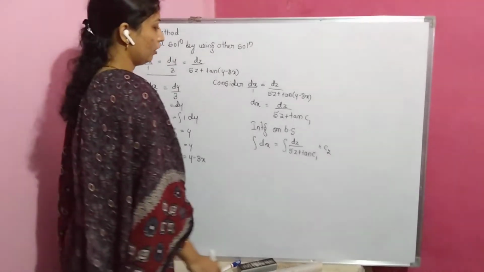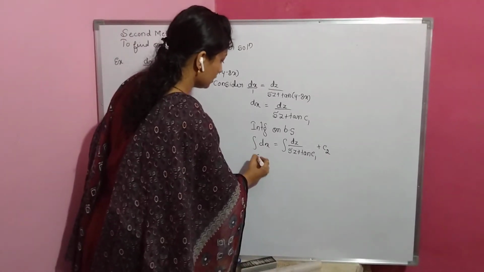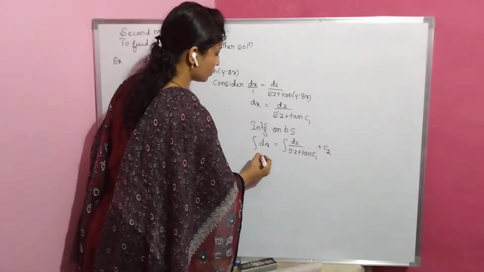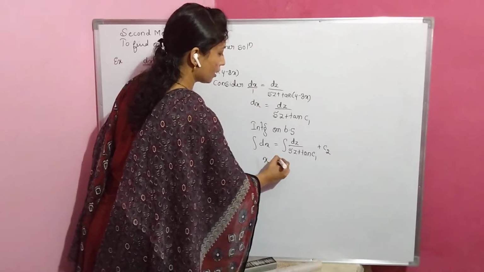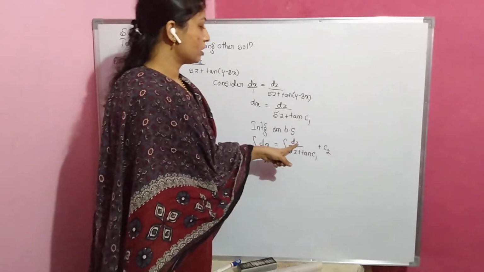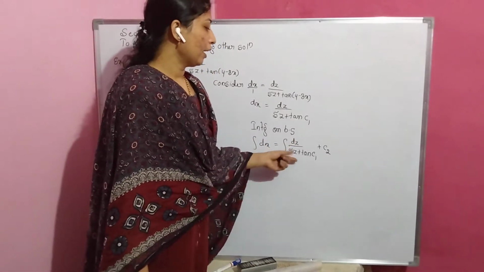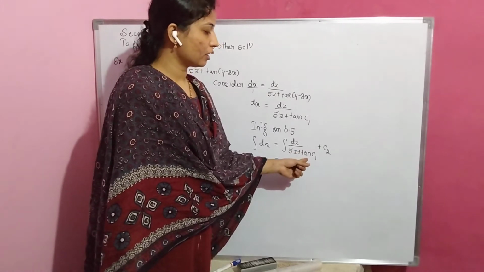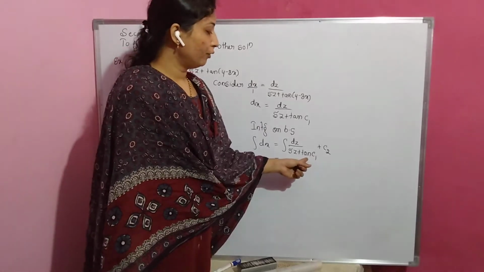Again here, integration of dx with integration of 1 with respect to x is equal to, here we have, this is of the form 1 upon x plus a. Here the term a is nothing but tan c1.